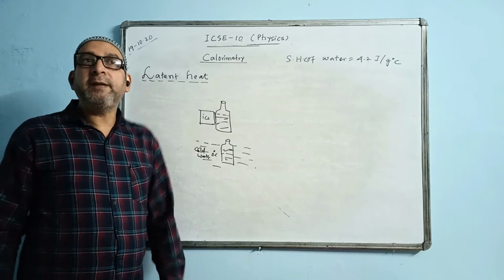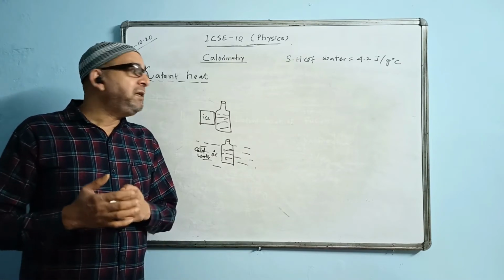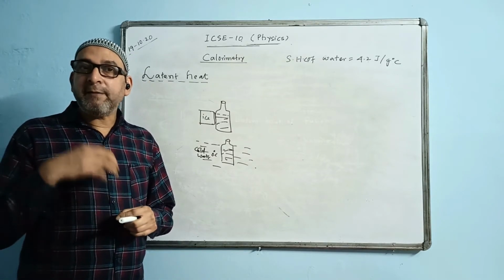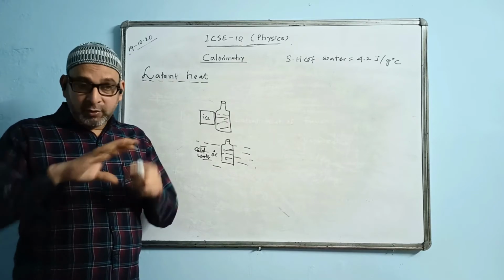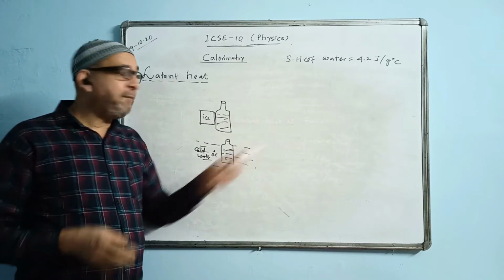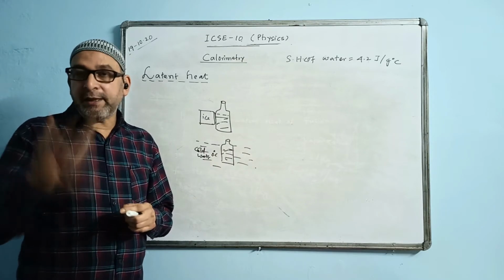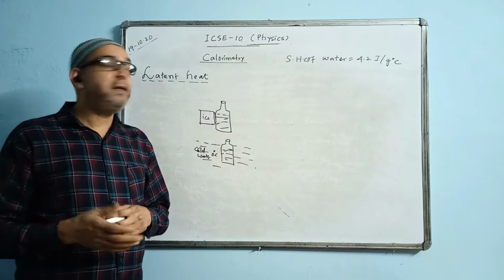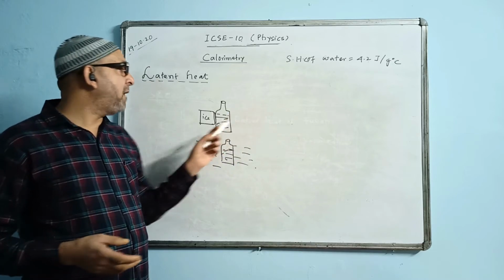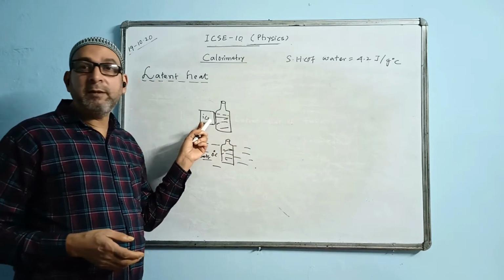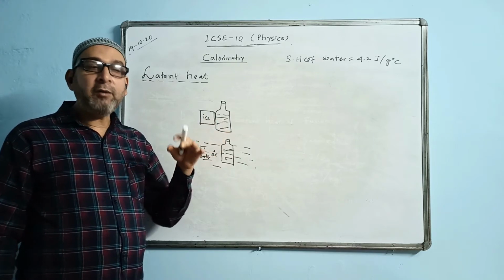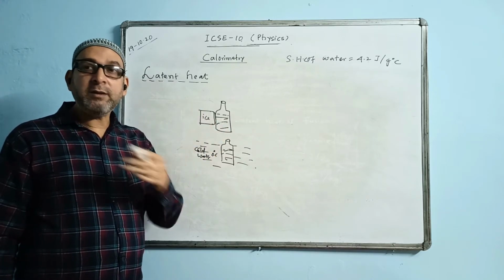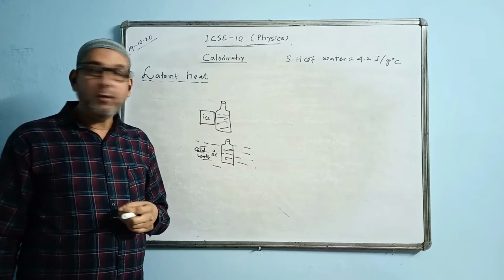Now the questions on steam, they ask like this: why does steam cause a more severe burn than hot water or boiling water? Because steam is a changed form, a vapor form, so it must be containing the latent heat, and the value of latent heat is very high. It is much higher than the fusion value. The fusion value is only 336 joule, whereas the latent heat of vaporization value, I have given, is 2260 joule.